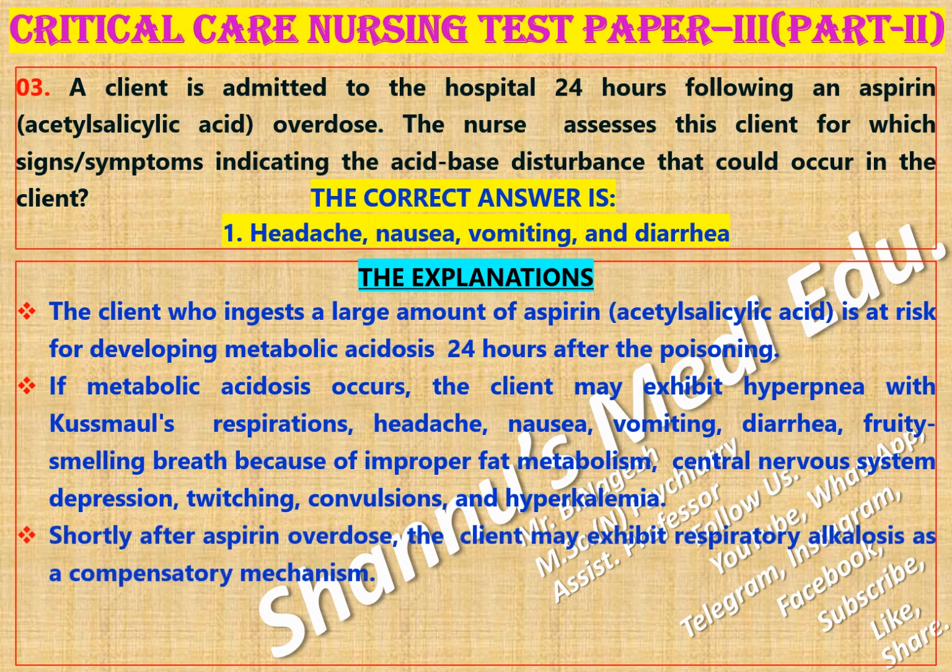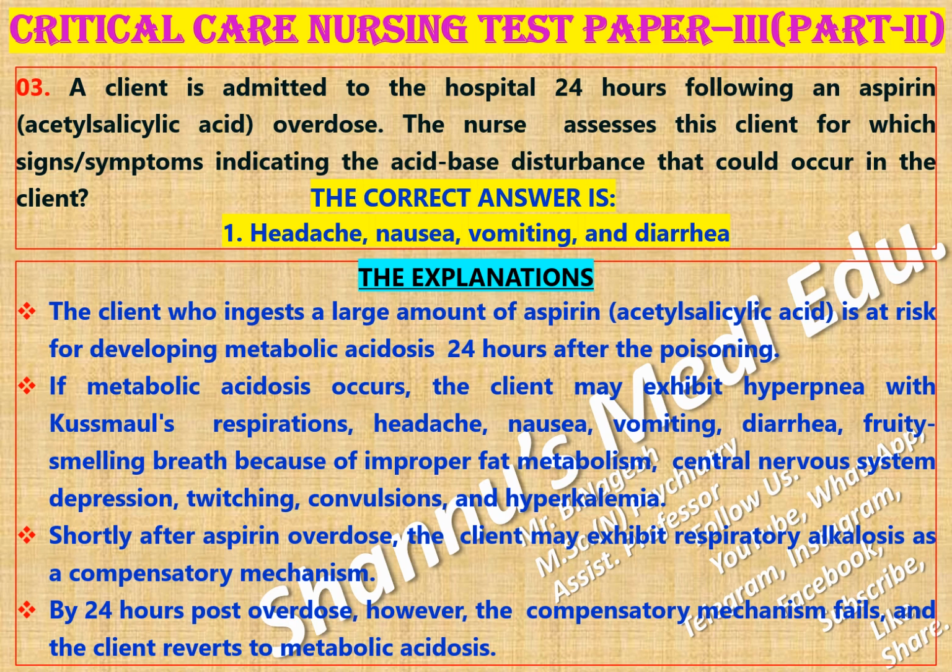Shortly after aspirin overdose, the client may exhibit respiratory alkalosis as a compensatory mechanism. By 24 hours post overdose, however, the compensatory mechanism fails and the client reverts to a metabolic acidosis.